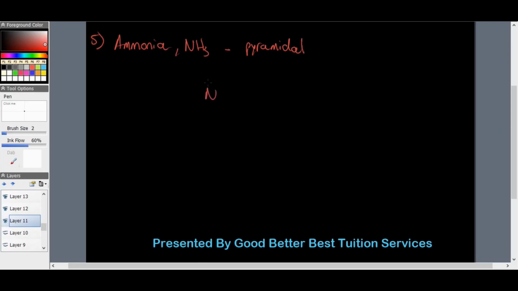We see there are 3 bonding pairs and 1 lone pair. That's the lone pair, and those are the 3 bonding pairs over here, meaning they are free to join with another atom. So these 4 pairs of electrons would move into a tetrahedral arrangement, because tetrahedral means 4.